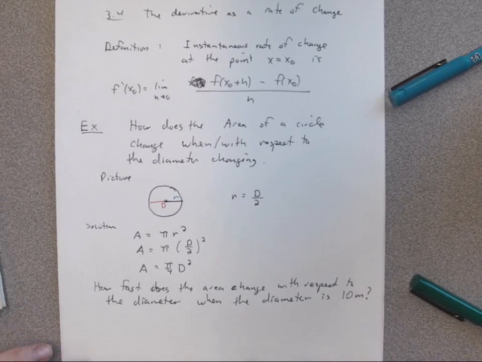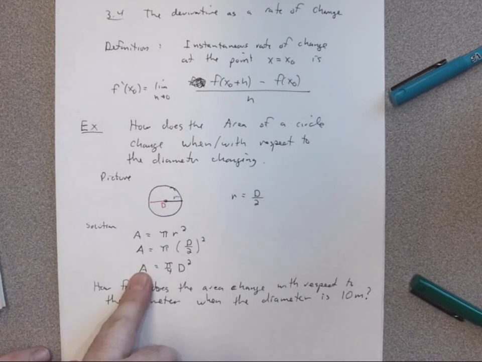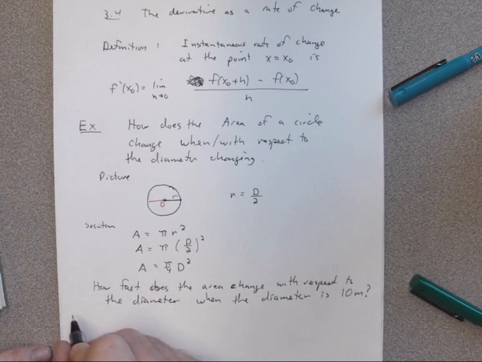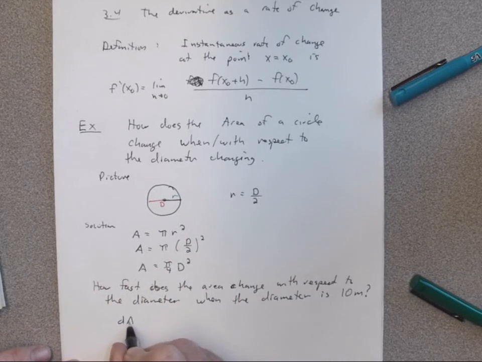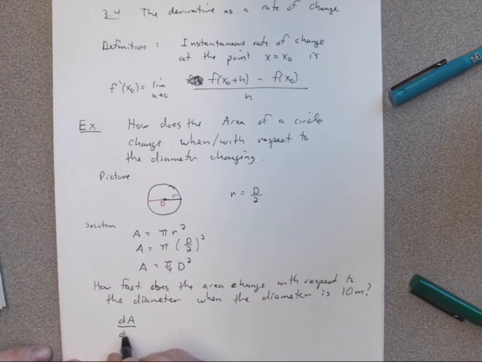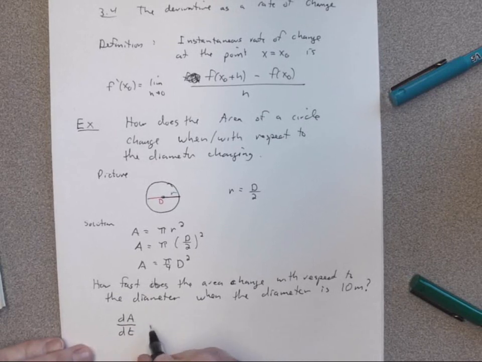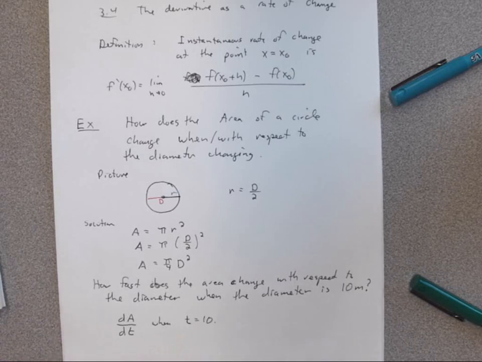So what we know is that they're asking for dA dt, the derivative. They want to know how fast this is changing with respect to this. So what they want is the derivative of A with respect to t, when t is equal to 10. That's what they're asking for.